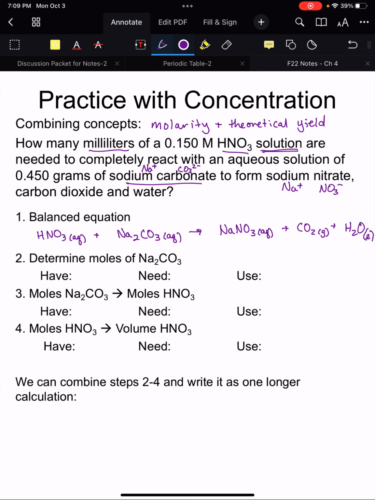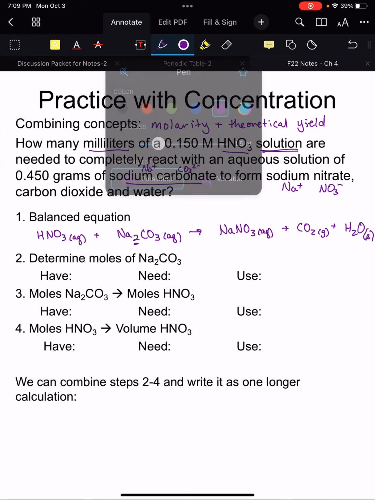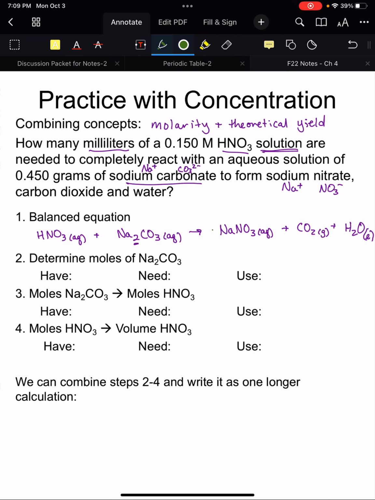Okay, so now we have to balance this equation. We have 2 sodium on the left, so we're going to put 2 on the right. We have 2 nitrates on the right, so we need 2 on the left. That gave us 2 H's. We have 2 H's, 1 C, and 3 O's, so that's right here.